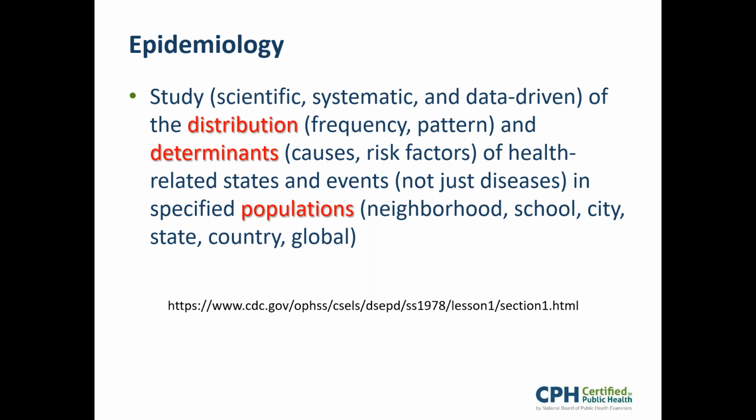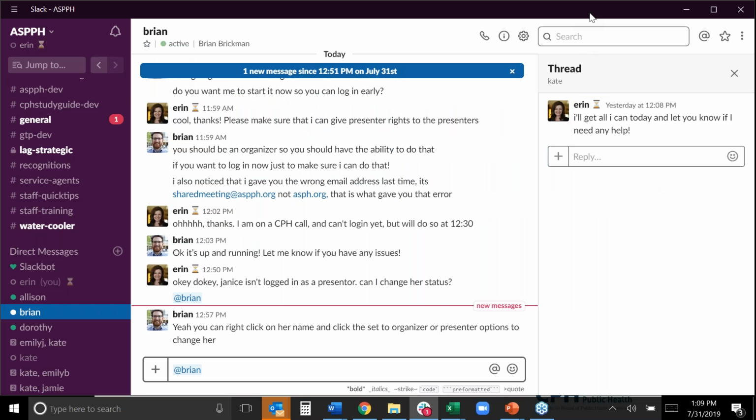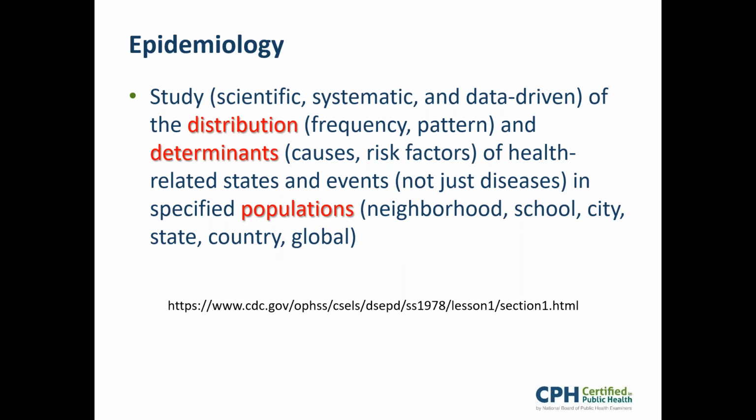Distribution refers to the frequency or pattern of events, and determinants relates to the causes or risk factors of events. A risk factor being a behavior, an environmental exposure, or a human characteristic that is associated with a health-related condition. And if you'll notice, I'm saying events because epidemiology is not just the study of disease. We study many different health outcomes.